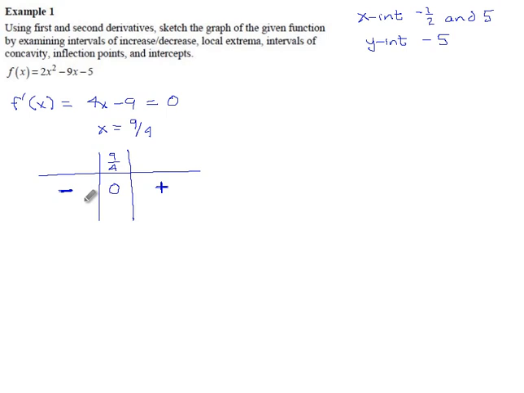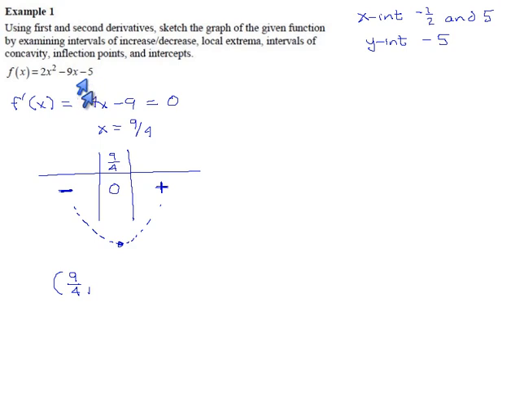Okay, so this confirms what we thought we knew about parabolae, that they go down and then they're flat and then they go up. So it looks like there ought to be a local minimum at this point, and its coordinates will be, the x will be 9/4, of course, and the y coordinate we get by taking 9/4 and putting it into here.